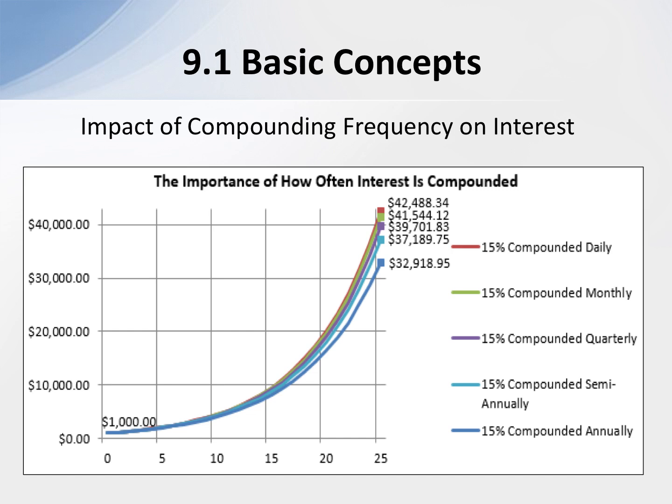In this graph, we're looking at the impact of just changing the compounding frequency, so how frequently interest is calculated and deposited, while keeping the interest rate the same at 15%. So we can see that here we have $1,000 being invested for 25 years at an interest rate of 15%, with the compounding frequency changing.